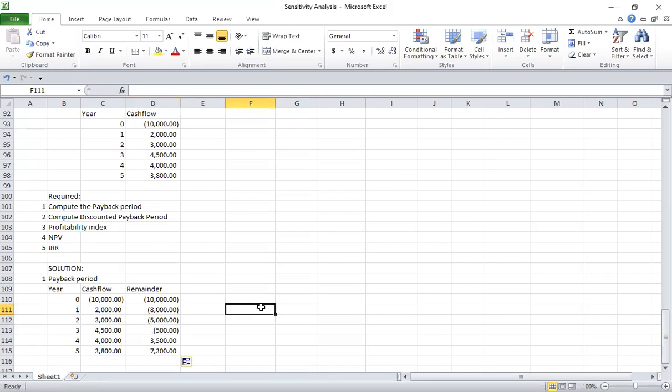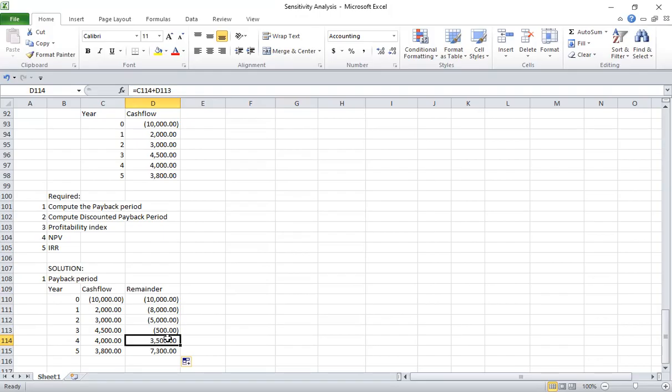So that is how that recovery happens. The full, 100% recovery happens in the year in which you see the first positive. Now we are saying that we will fully recover the 10,000 shillings in year 4.